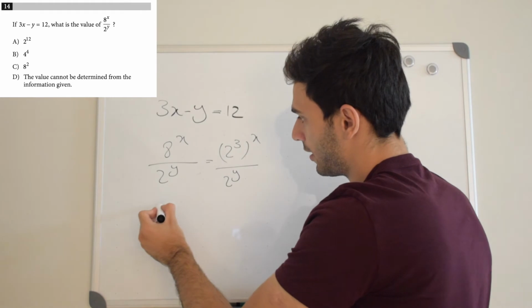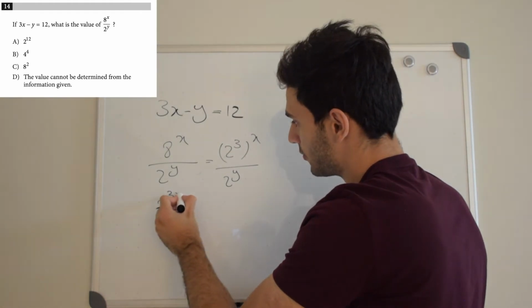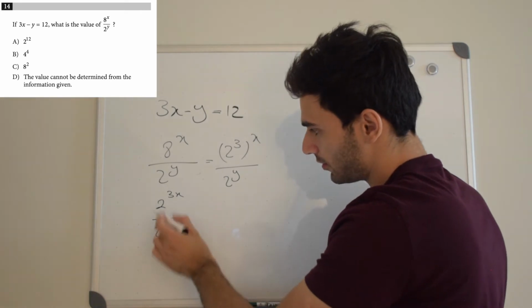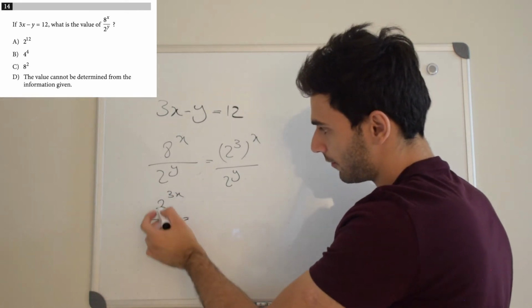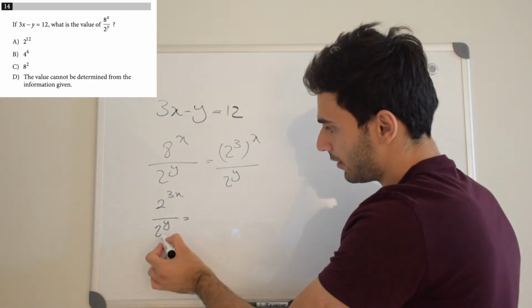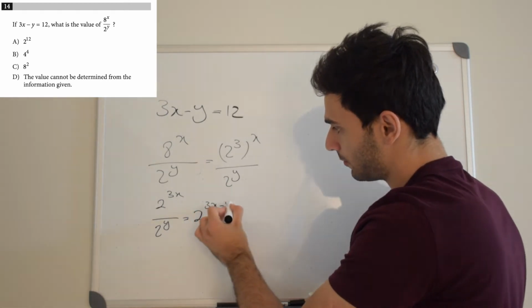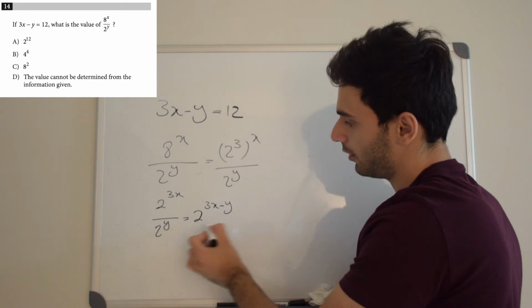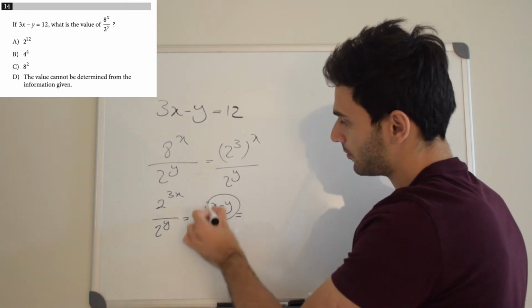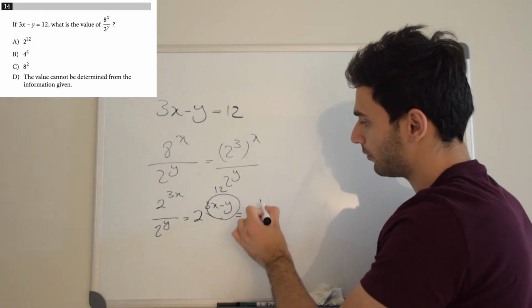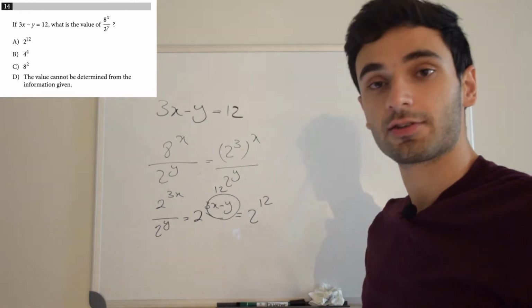I can write it as 2 power 3x over 2 power y. Then this is a division of these two numbers, so I can write it as 2 power (3x minus y). Then what is 3x minus y? 12. So it's equal to 2 power 12. The answer is A.